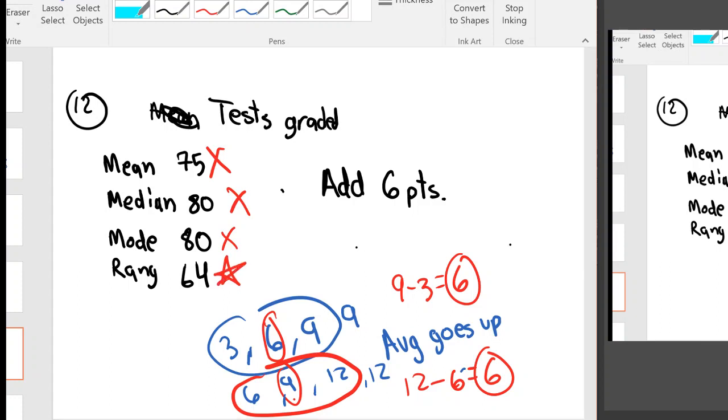So just a quick rule to know for the future: if every number goes up by the same amount, the range will not change. Or if it goes down by the same amount, the range will not change. It will affect the mean, median, and mode though.